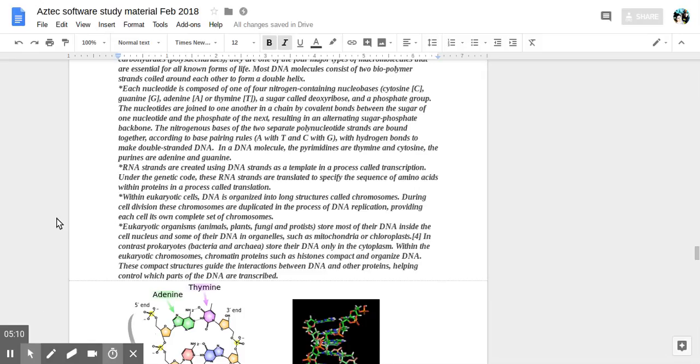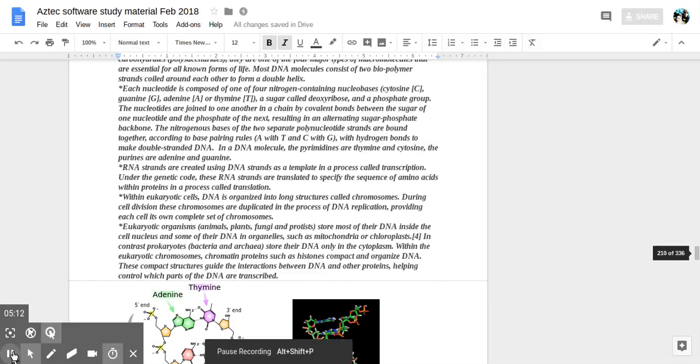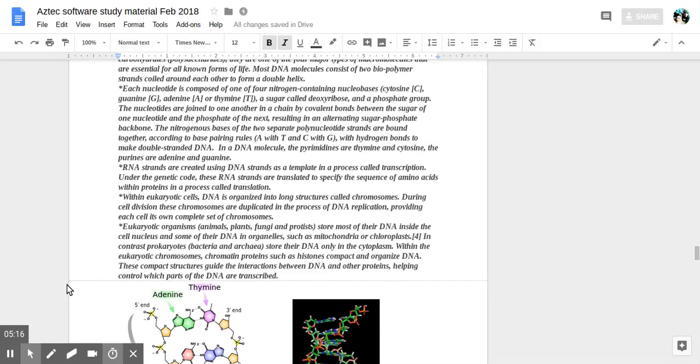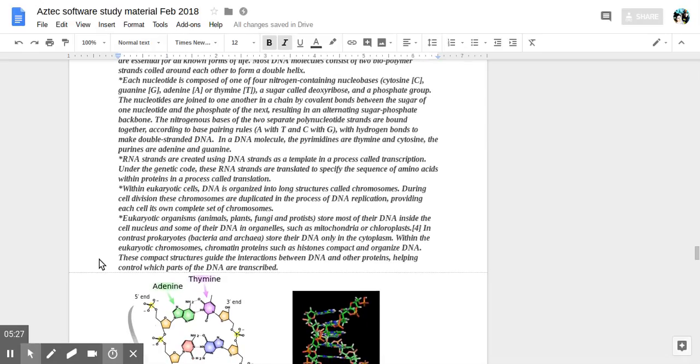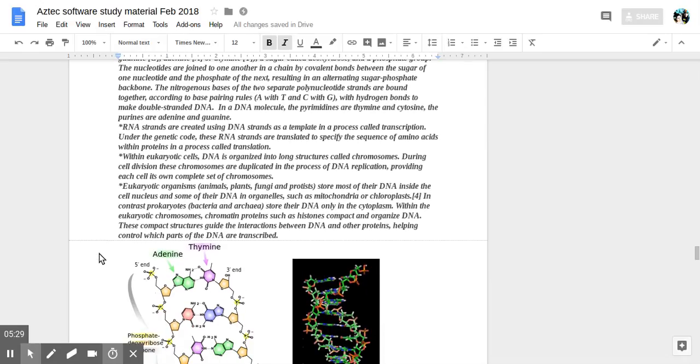So the hydrogen bonds bind the bases to one another. In a DNA molecule, the pyrimidines, which are thymine and cytosine, bind the purines, which are adenine and guanine. Just the category of molecules.